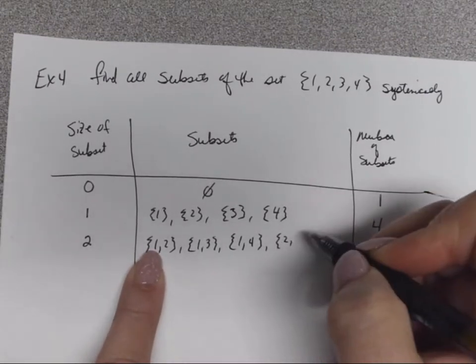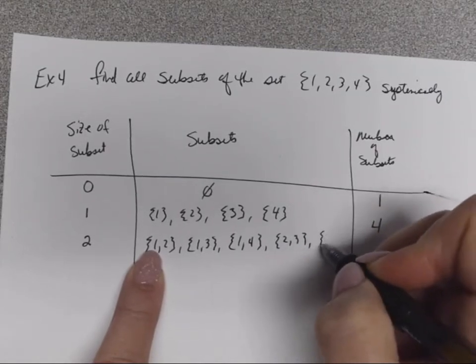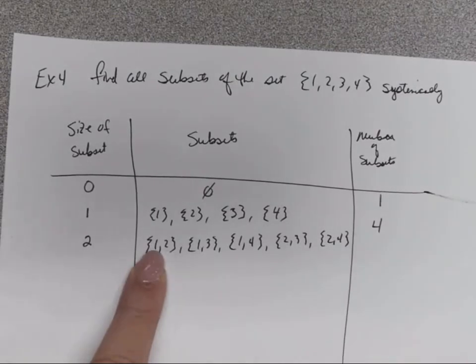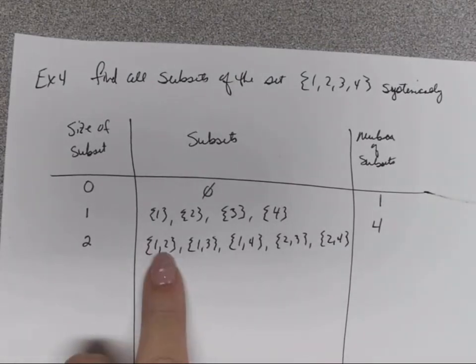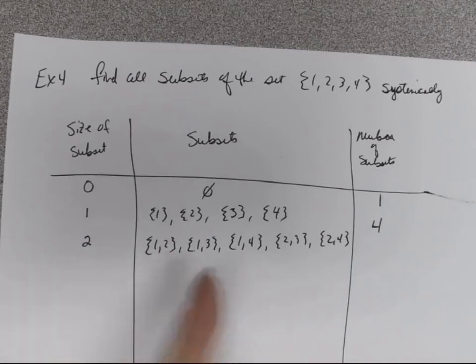So 2, 3, and 2, 4. For this purpose, we're not going to include 2, 1, because 1, 2 and 2, 1 are the same thing when we're not being specific about first element and second element. So don't repeat ones that are already there.